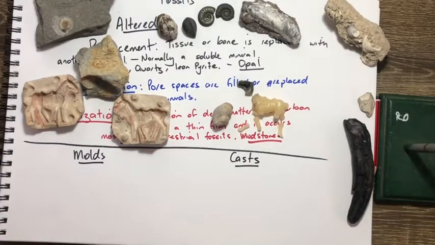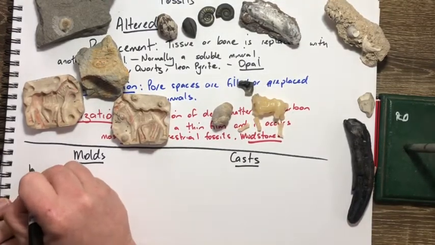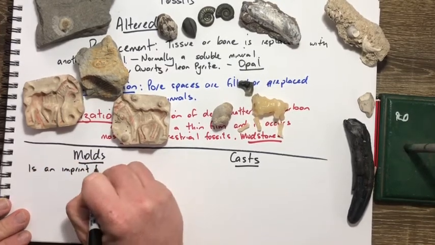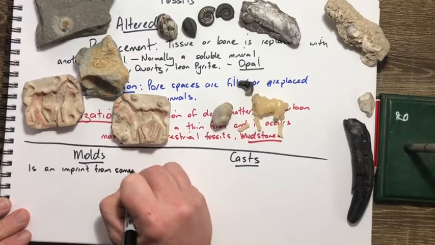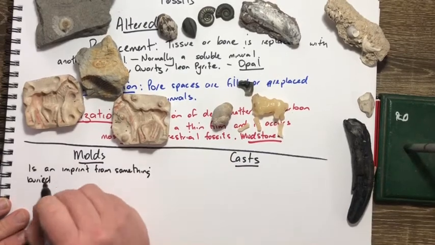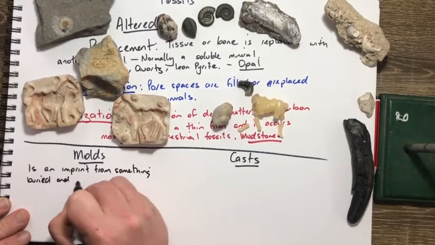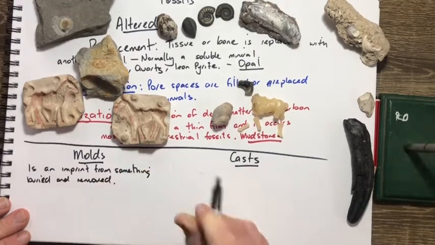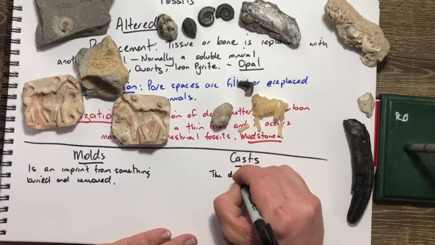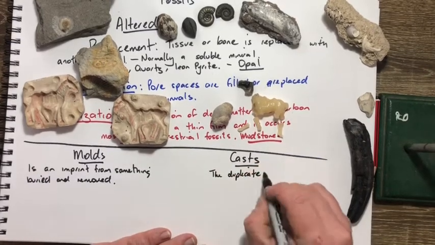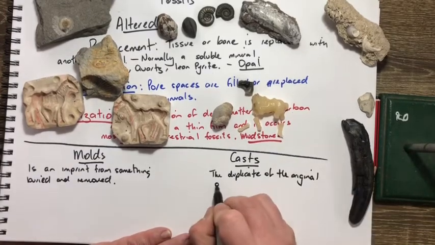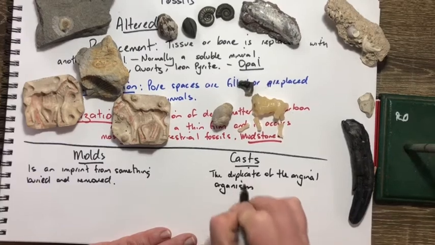So a mold is an imprint from something buried and removed. The cast is the duplicate of the original organism.